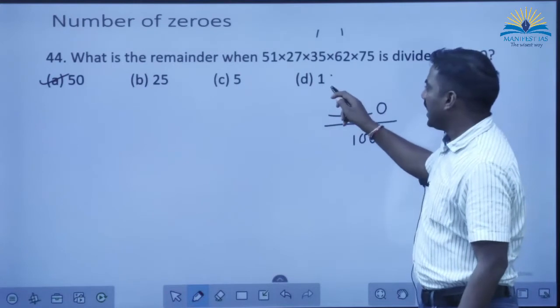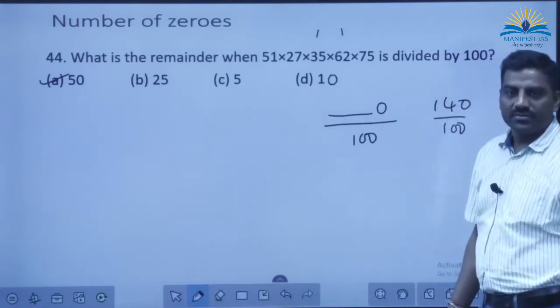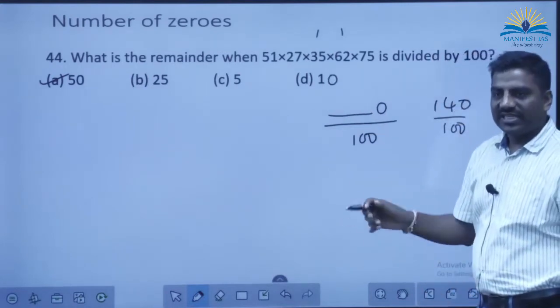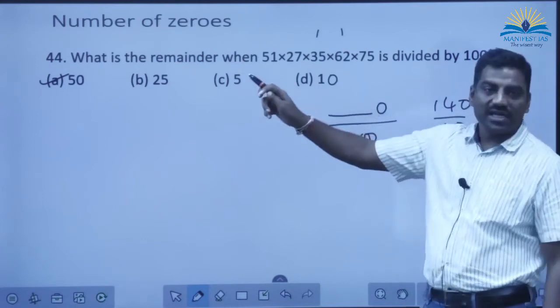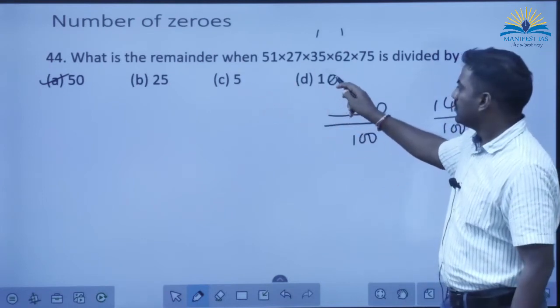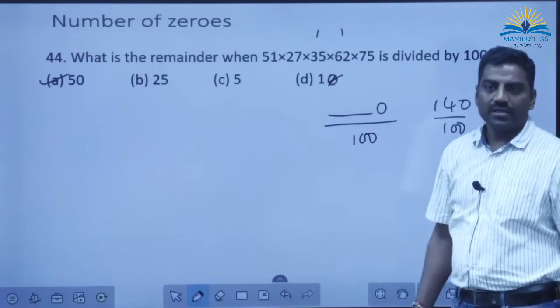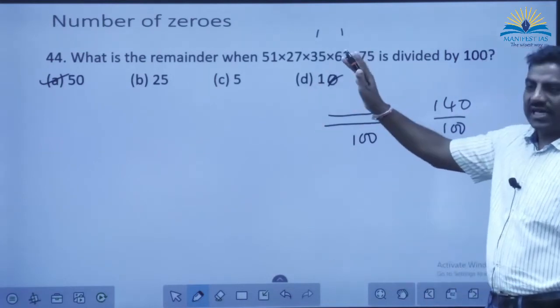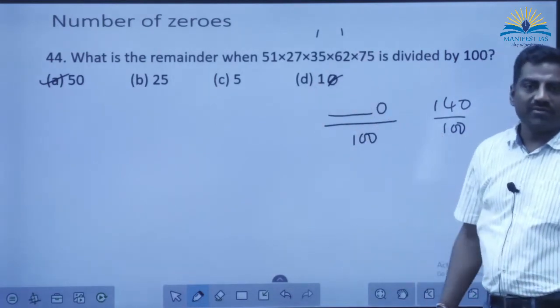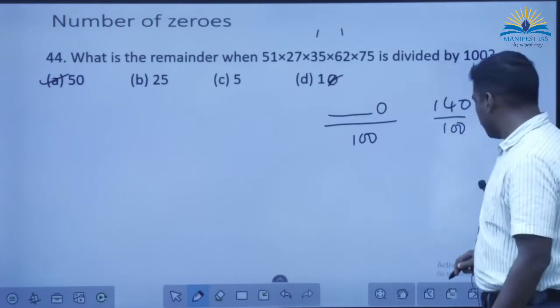If there was an option like 10 here, then I would have gone for checking, because there also 0 is there. Fine. Since only 1 0 is there among the options, I am going ahead with that option. Okay.